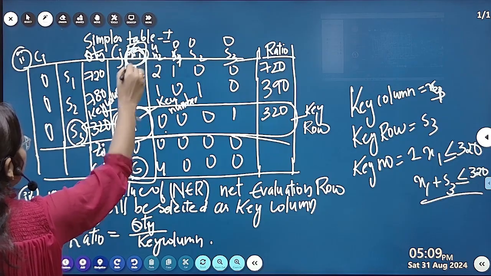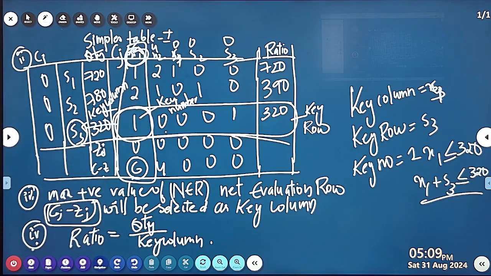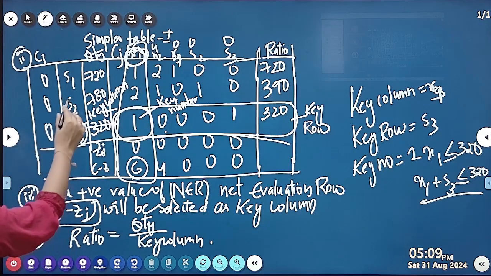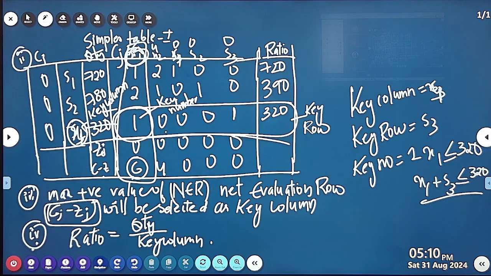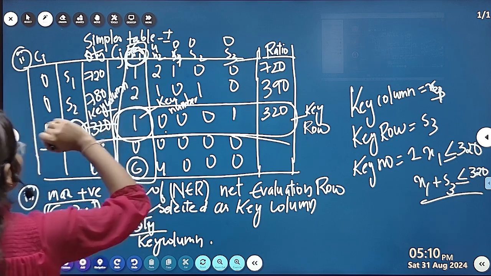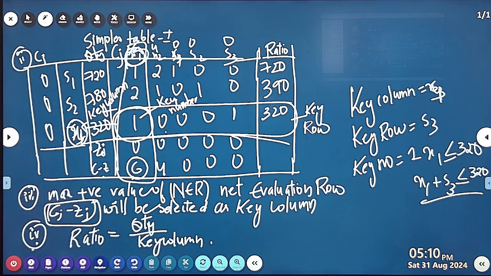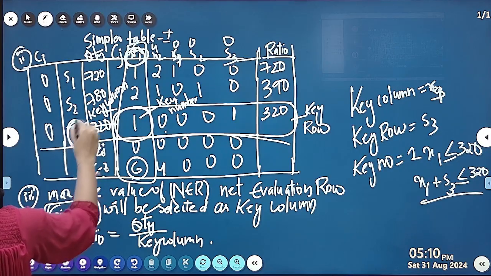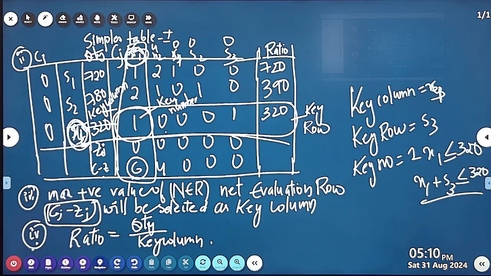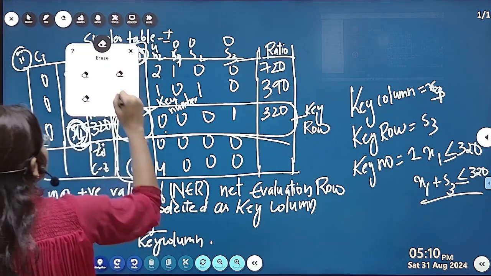So this X1 will replace this S3. So we need to prepare the table now by putting X1 in place of S3. Are you getting it? Online, are you getting it? Key column variable X1 will replace the key row, meaning X1 replaces S3. Okay? Can I erase now?